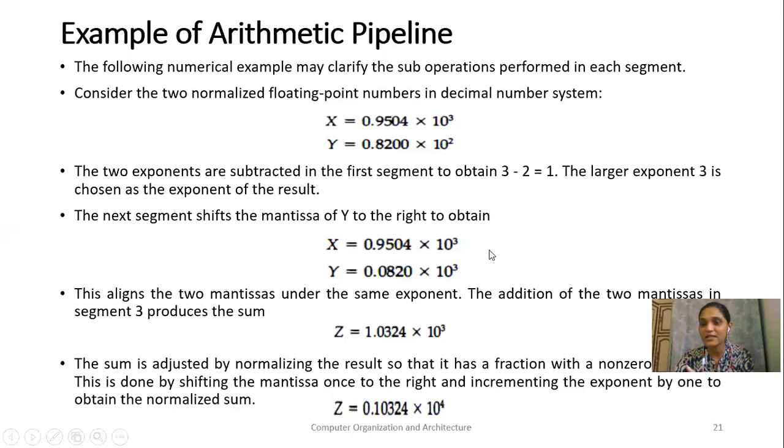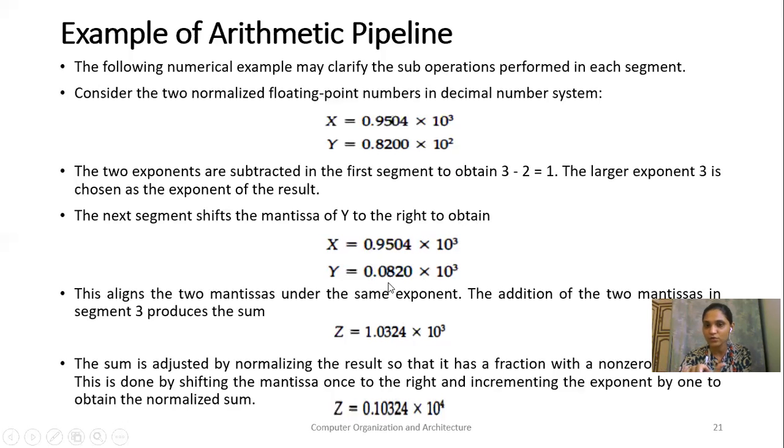Both of these numbers have the same value. The value is not changed, just the representation is changed. And this is required because we want to do addition or subtraction, and we require the exponents to be the same, so we adjust this. To increase the exponent, you have to shift the mantissa digits to the right side.